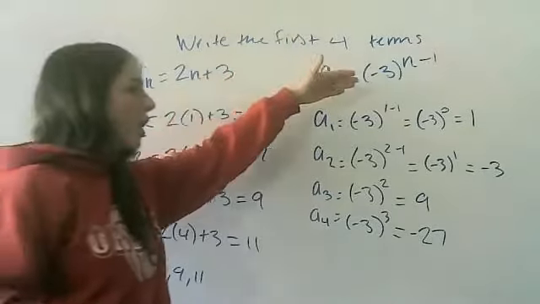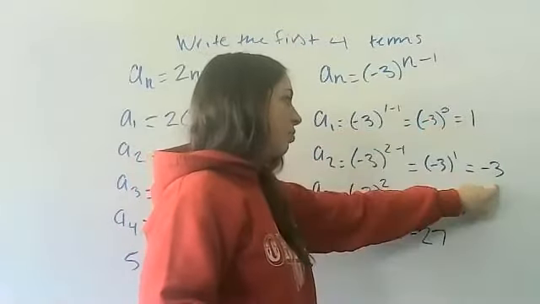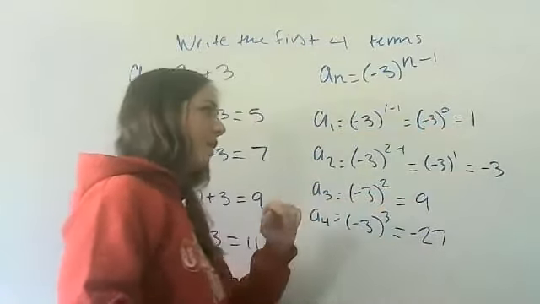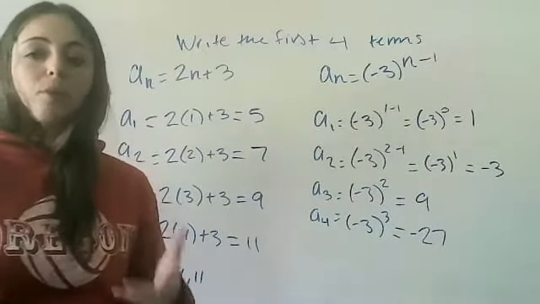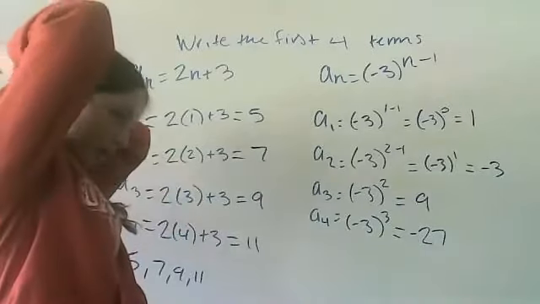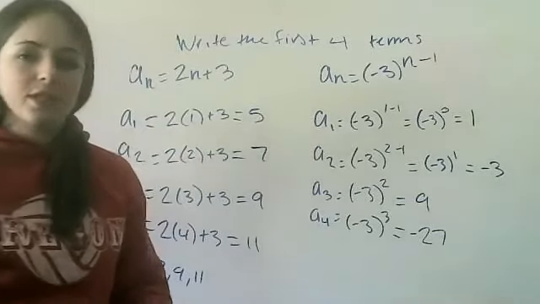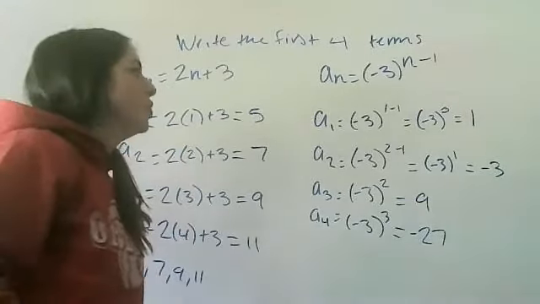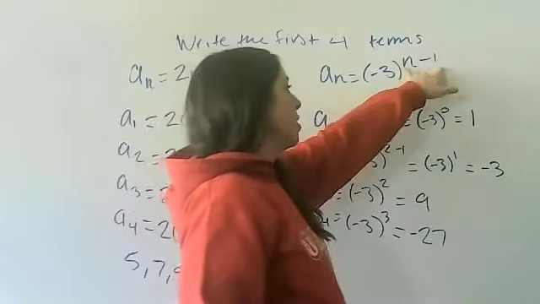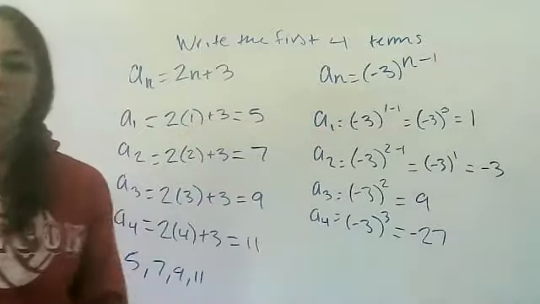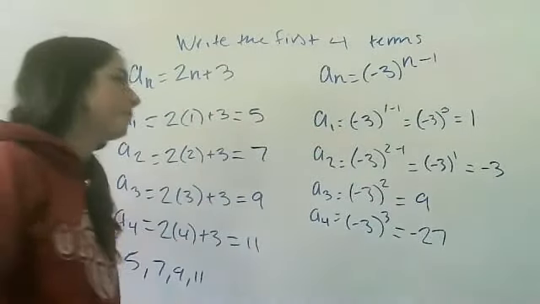Whereas over here, we go from 1 to -3 to 9 to -27. So two things, these numbers in themselves are increasing pretty rapidly. When you see a rapid increase in number, you are likely dealing with some sort of exponent here. Okay, so you can notice here, we have exponents. That's going to cause us to increase rapidly.